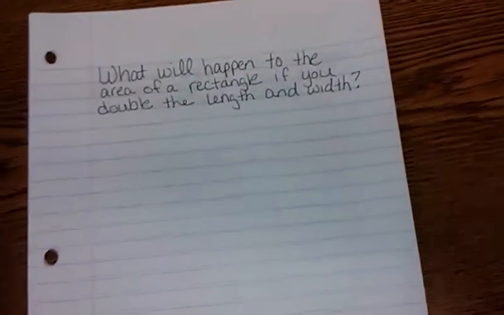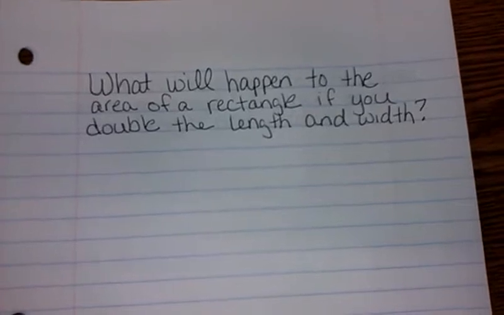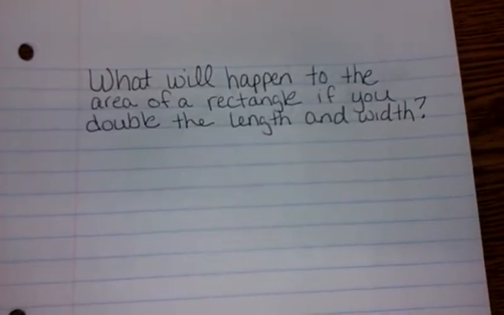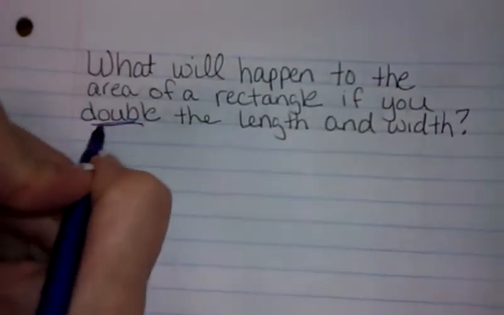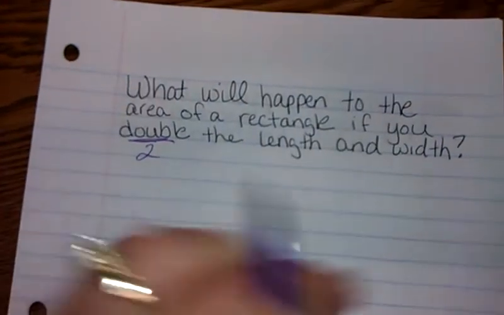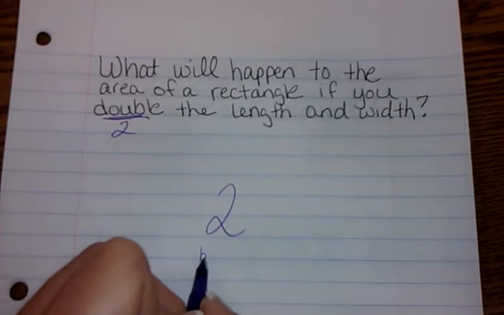Okay, the next one. All right, this one says, what will happen to the area of a triangle if you double the length and the width? Now, first off, we should know that double means 2 times. So I'm going to put that here. That's going to be my base.